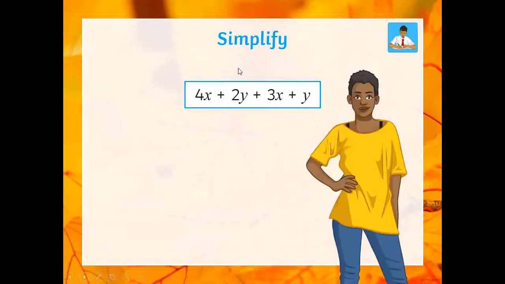Next question. How about this now? There are two terms here. One is x and x. The other is y and y. So tell me the answer in the chat. What is the answer for this? We are simplifying, not solving it. Okay, pop in your answers.